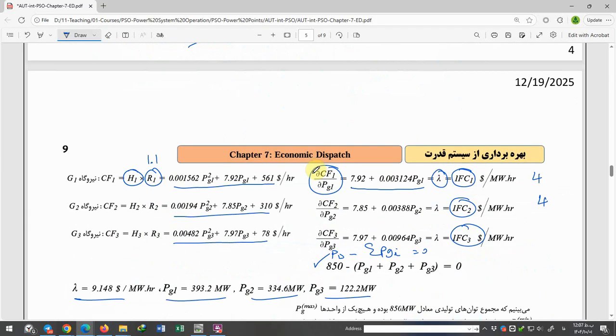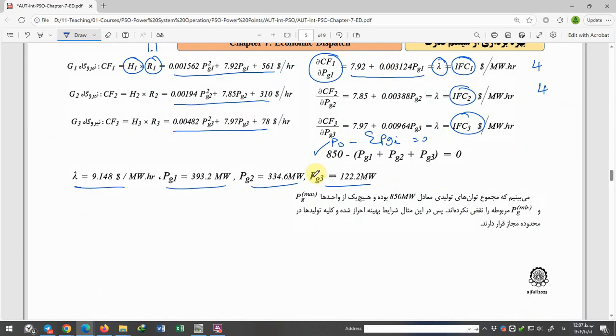So all calculated active power is in range, and the solution is finalized, and we do not need to do anything. This calculation is in range of the minimum and maximum of each generator.